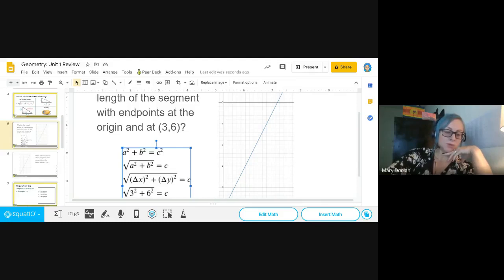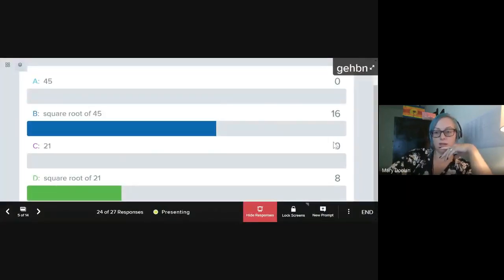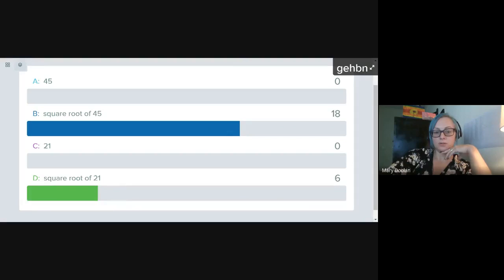So if I'm going to simplify this, does anyone want to change their answer? Okay, it is one of the square roots, but if we come back to what we're looking at here, what can I simplify the square root of 3 squared plus 6 squared to? What does that simplify to?